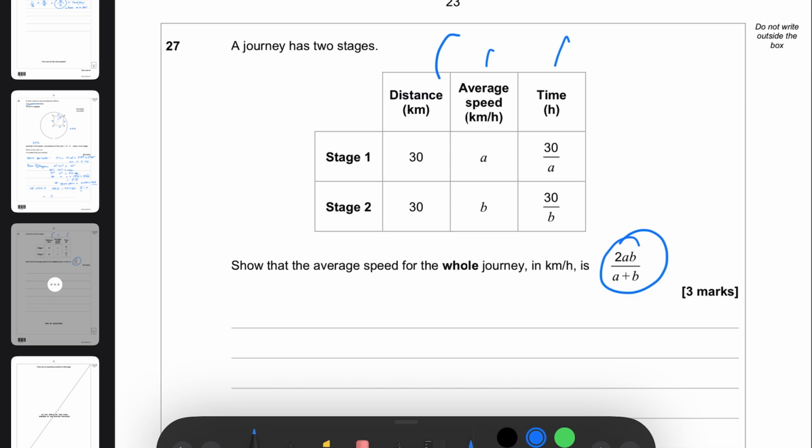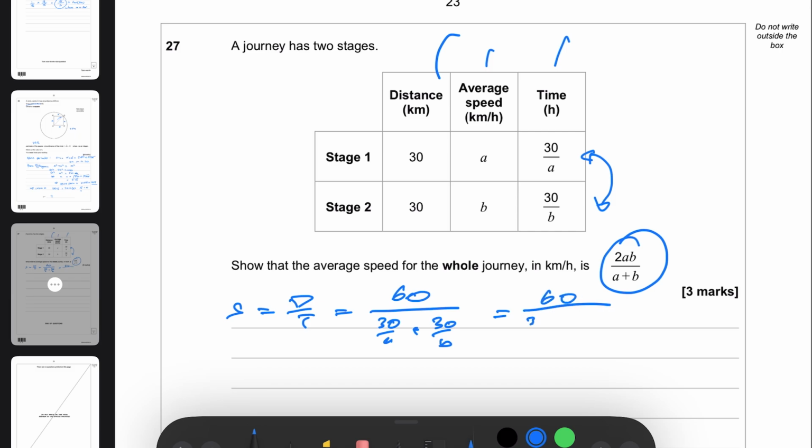So speed is distance over time. We might actually need this equation finally. So distance is 60 divided by our total time, which is 30 over a plus 30 over b, which is in turn equal to, right, so how can we solve this? Well, we can just rewrite this actually as 30b over ab plus 30a over ab.